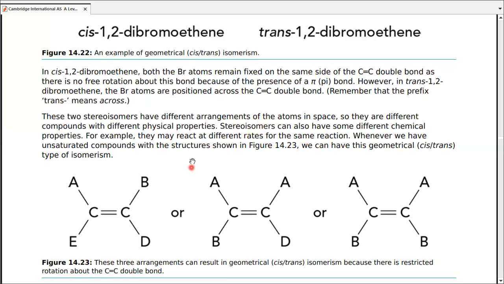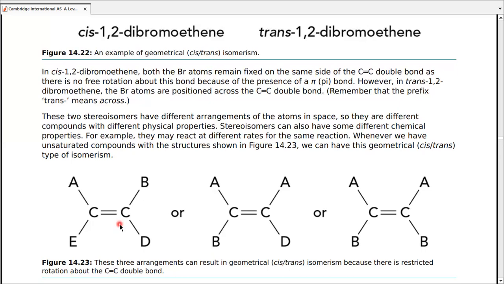Now, starting over this paragraph: the two stereoisomers have different arrangements of atoms in space, different compounds, different physical properties. This gives you the idea about why just trying to rotate it freely turns into a different isomer, and what happens if we have a different isomer. They're different compounds with different physical properties. Even the appearance can change. Just moving the bromine and hydrogen up and down, you might think nothing would happen, but they might have an extremely different set of physical properties.